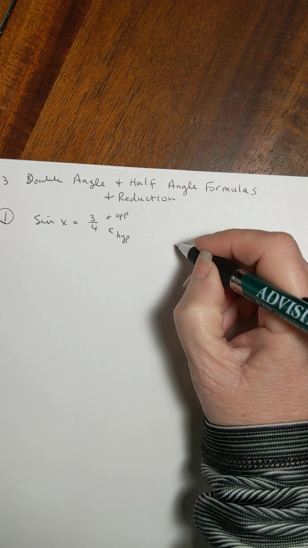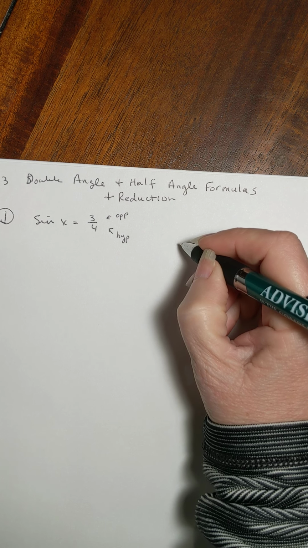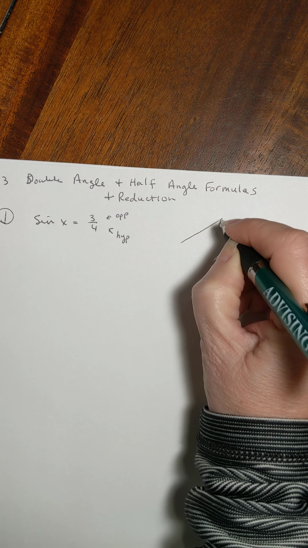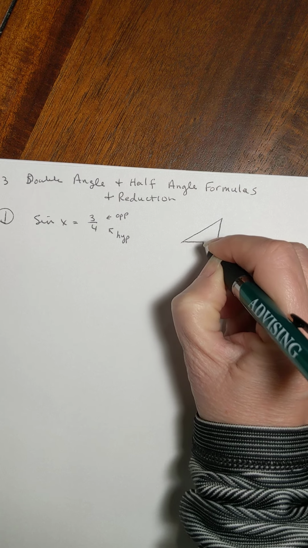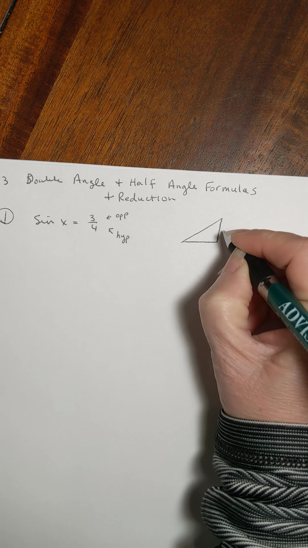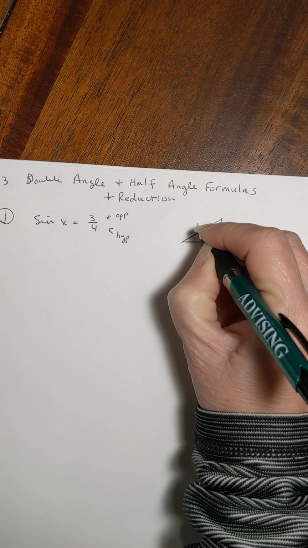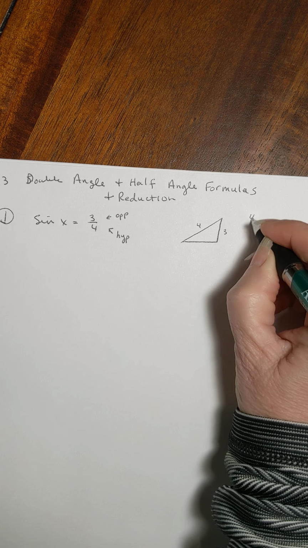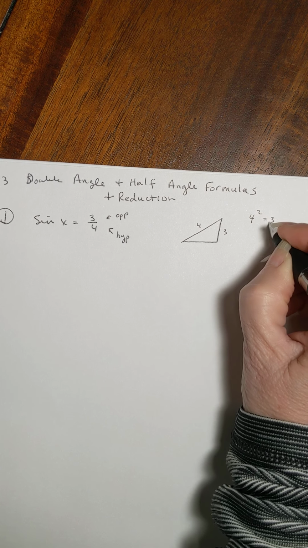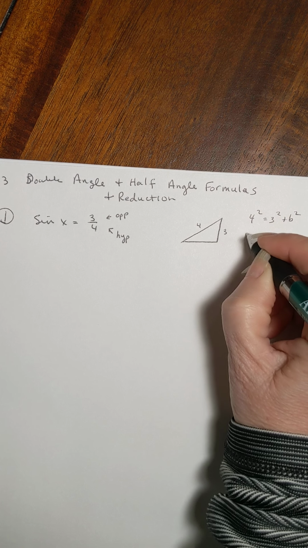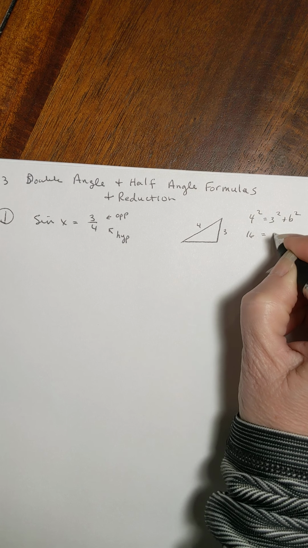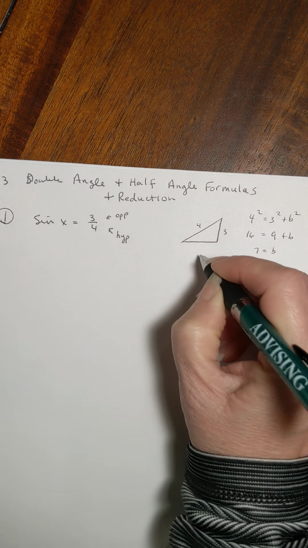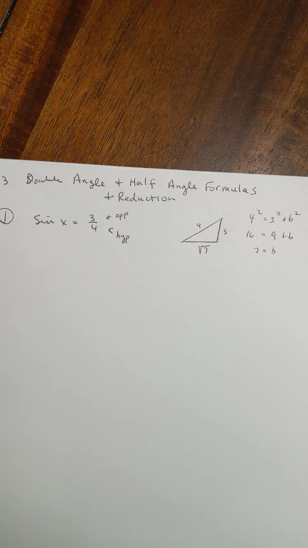And it says that it's in the first quadrant. And so this would be 3, this would be 4, and then 4 squared is equal to 3 squared plus b squared. So 16 is equal to 9 plus b squared, so 7 equals b squared, so this would be the square root of 7.